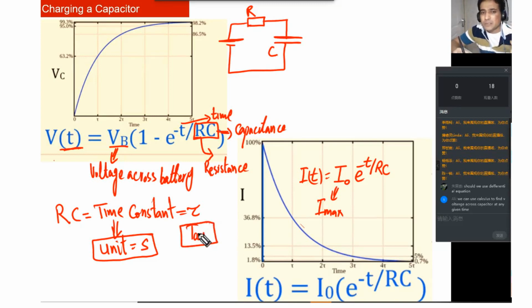So what does this time constant tell us? As we have studied about half-life at IGCSE level, half-life simply tells us the average time taken for half of the atoms to decay.